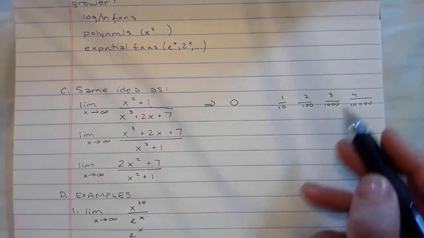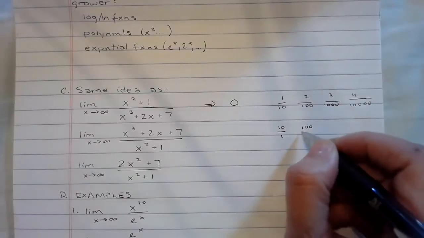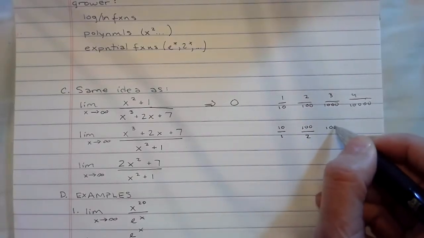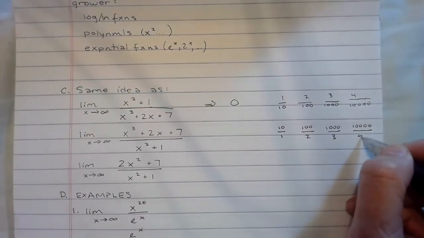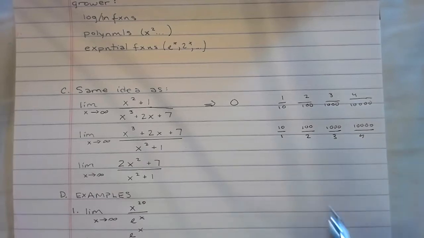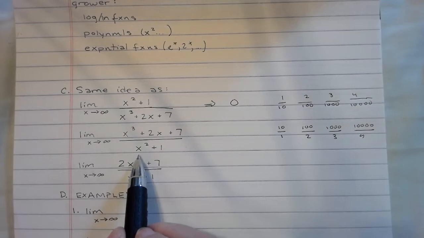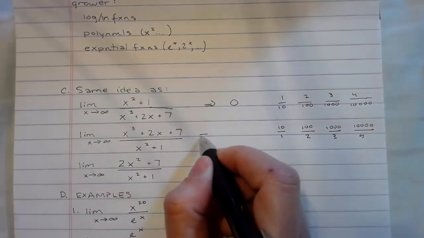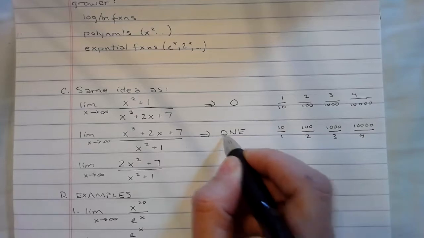And you can flip those all and prove this point: if the numerator is growing by multiples of 10 and the denominator is only growing by multiples of 1, these numbers are indeed getting bigger and bigger. That's why we say when the numerator has a higher power, more magnitude than the denominator, this limit does not exist. It's going to infinity.